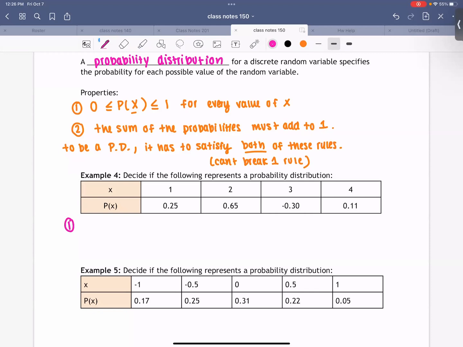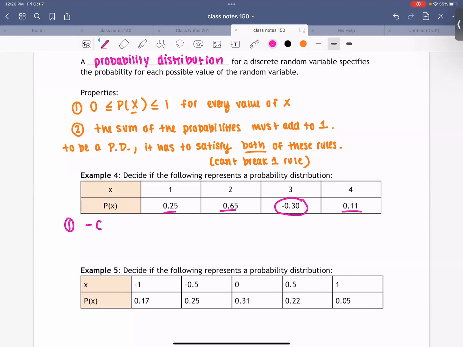It says that all the probabilities have to be between 0 and 1. Is that true? Look a little closer. Which probability is not between 0 and 1? The negative one, right? If you look a little closer, there's a negative sign on that 0.3. All these probabilities have to be between those two numbers.